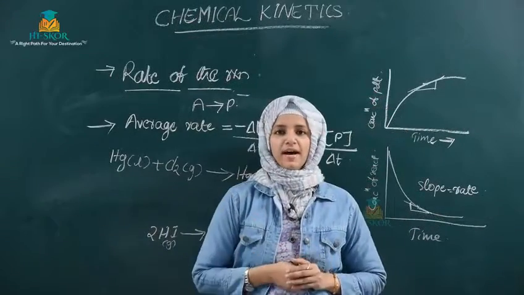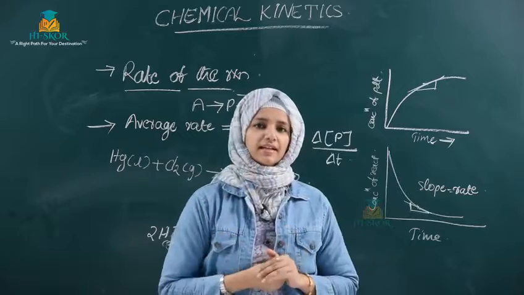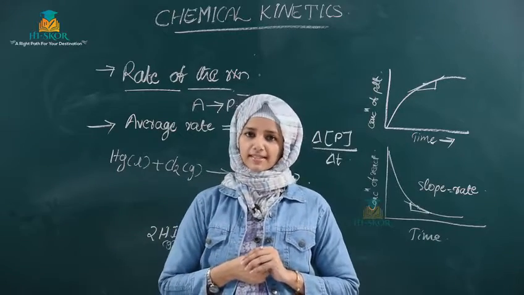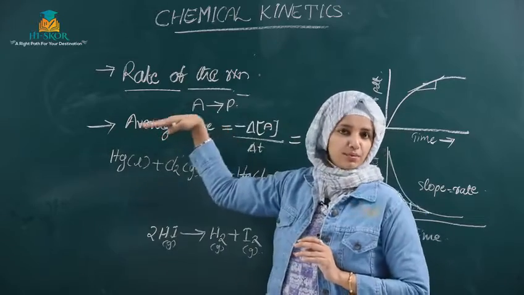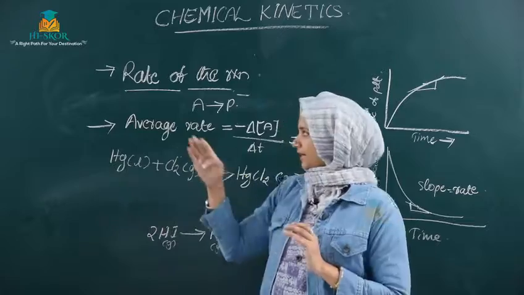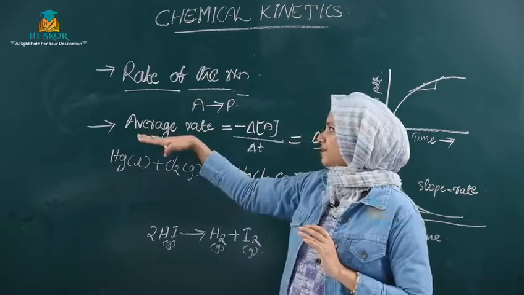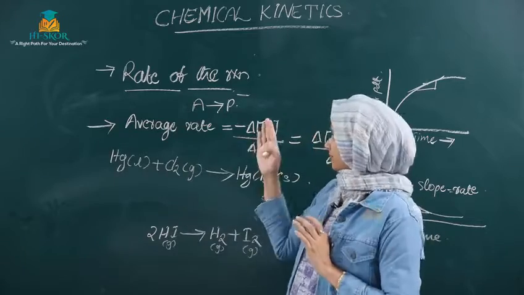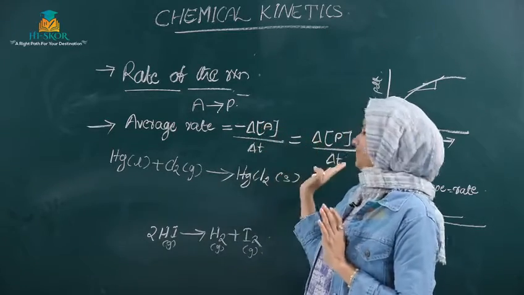I told you rate can be expressed in two terms, in terms of reactants and also in terms of products. That rate is known as average rate because we are taking a large time interval. So average rate is equal to minus delta A by delta T or delta P by delta T.